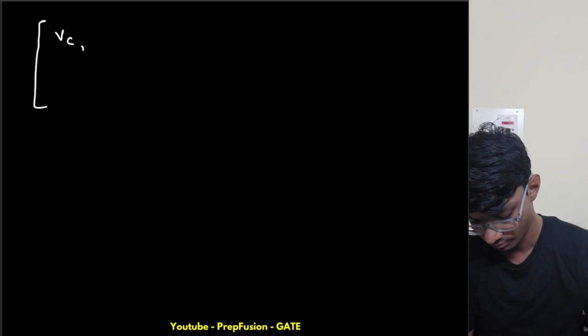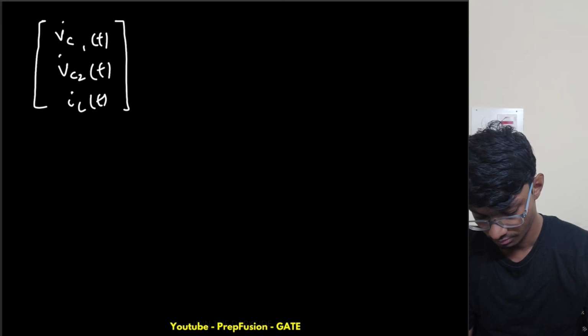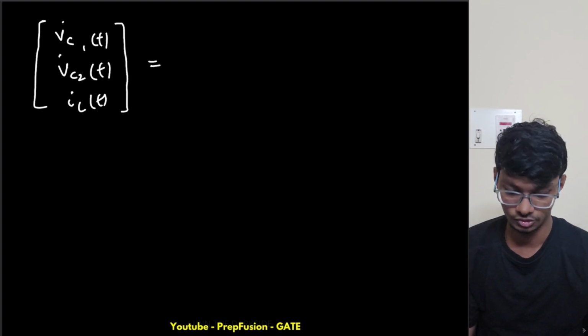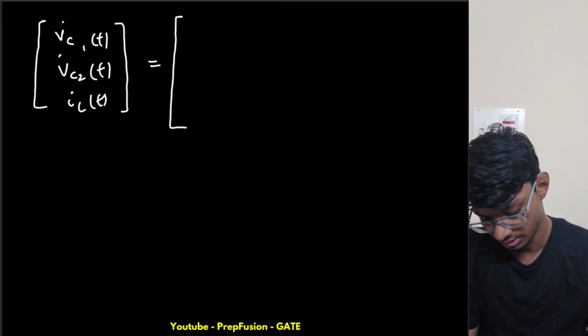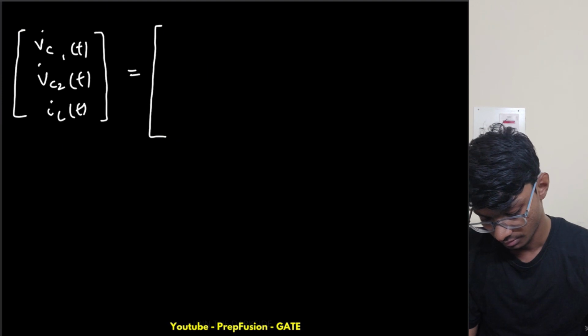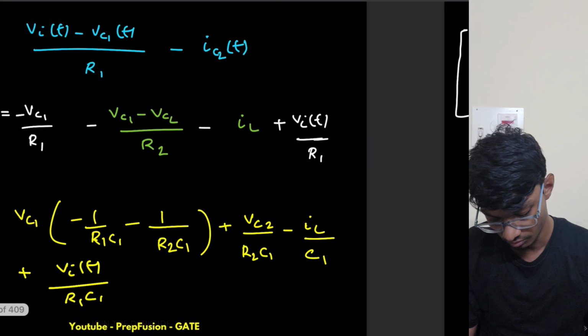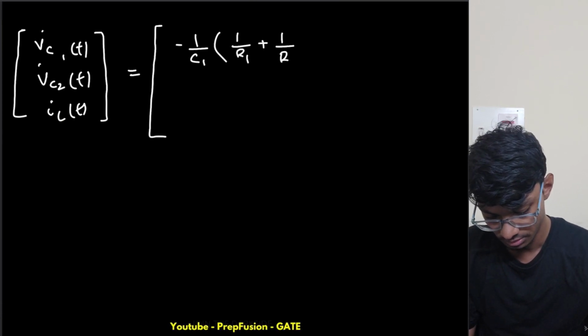So what will be my equation? This I can convert like this one. I can take minus C1 common, and this will become 1 by R1 plus 1 by R2.